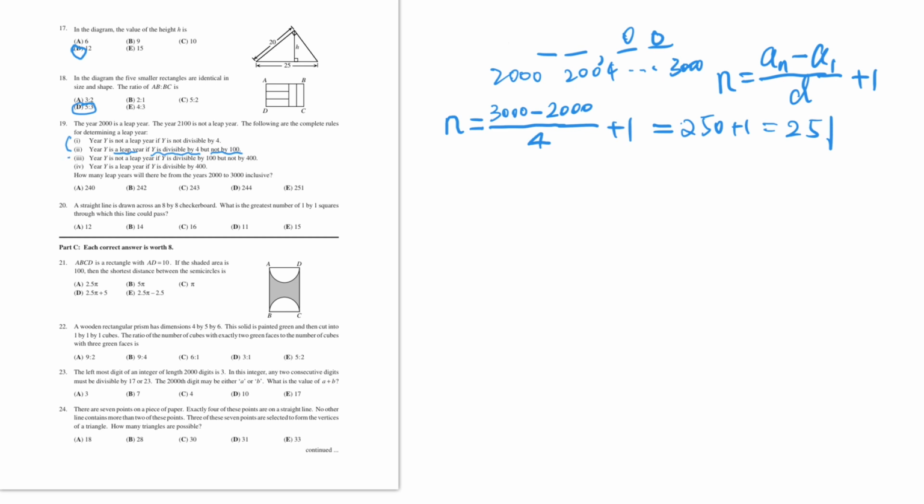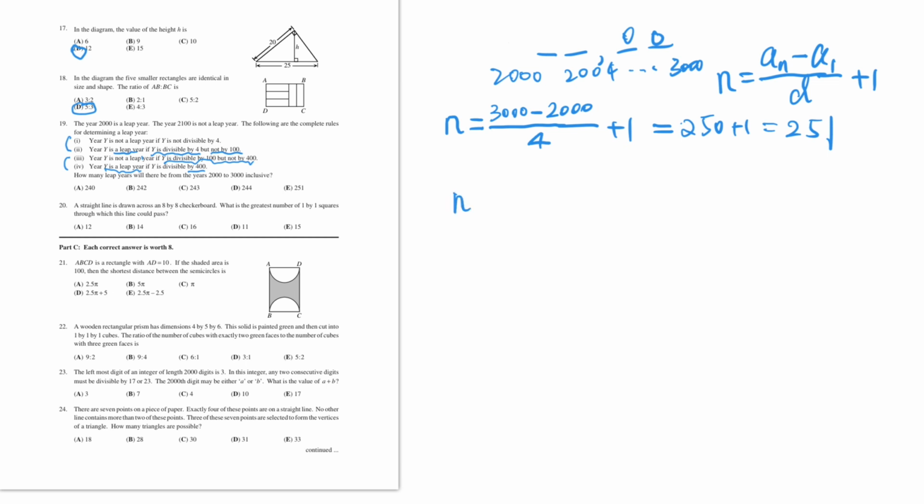Now look at rule 3 and rule 4. A year divisible by 100 is not a leap year. But if divisible by 100 and also divisible by 400, that's a leap year. So first we find how many numbers are divisible by 100.